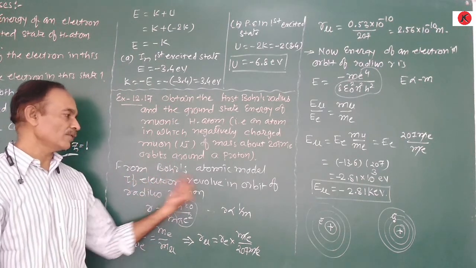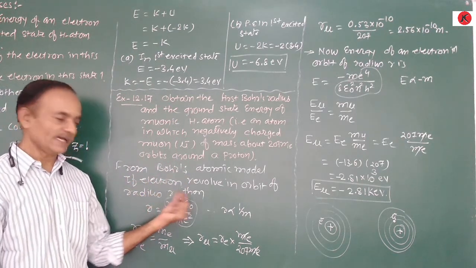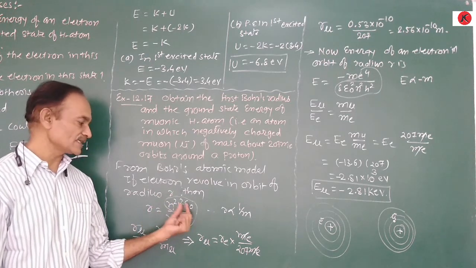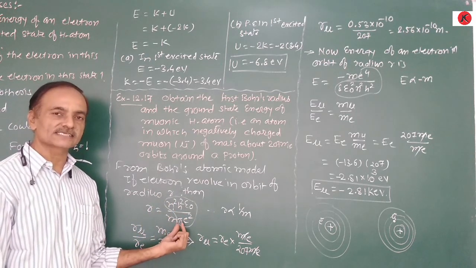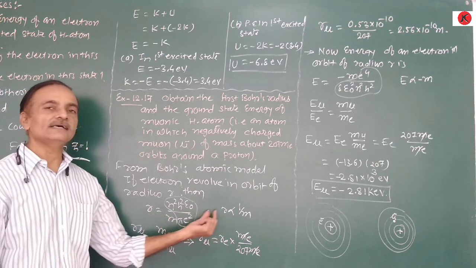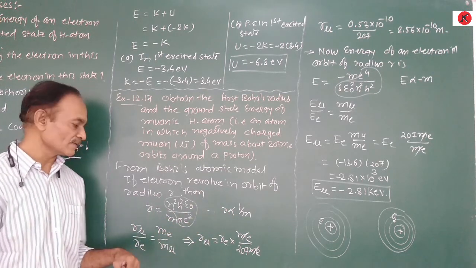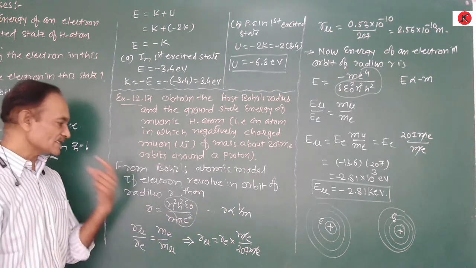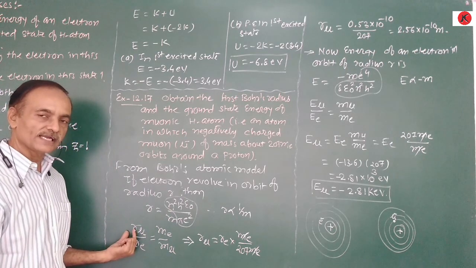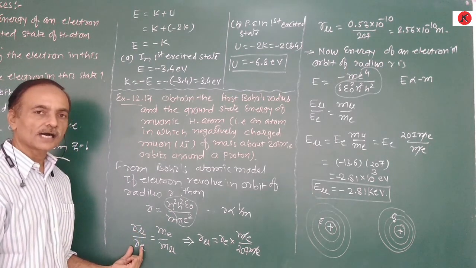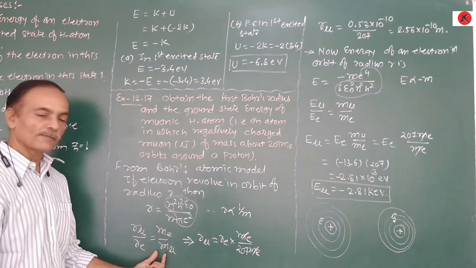If the electron revolves in an orbit of radius r, then the radius r is equal to n square epsilon 0 upon m pi square. Therefore, the radius is inversely proportional to the mass. Using this concept, the ratio of the radius of the muonic atom to our hydrogen atom is Me upon Mu.